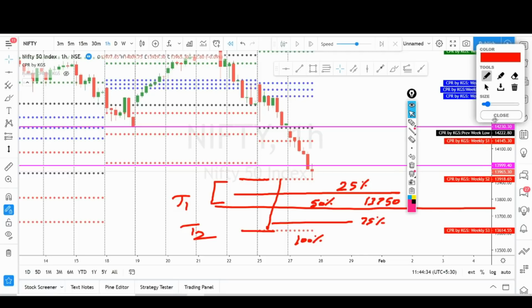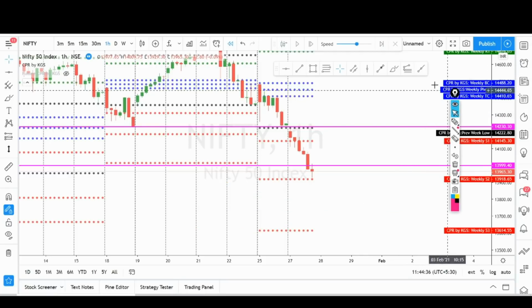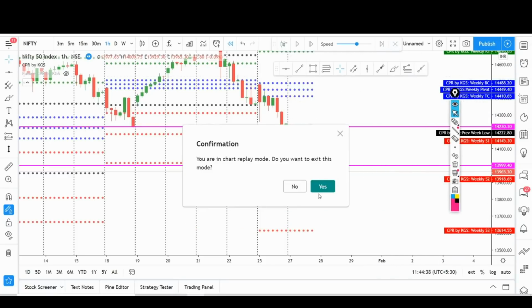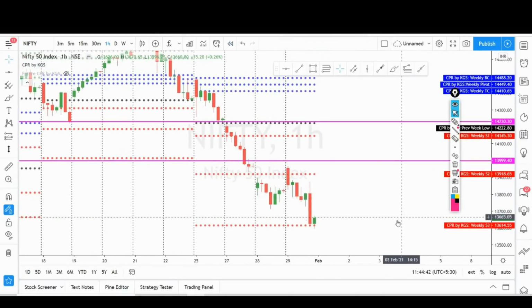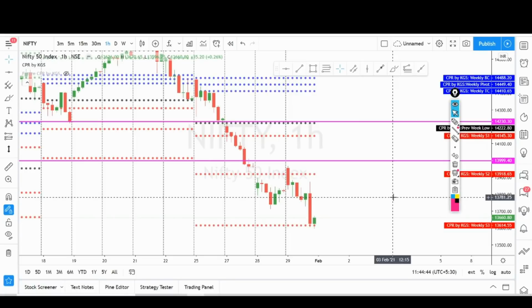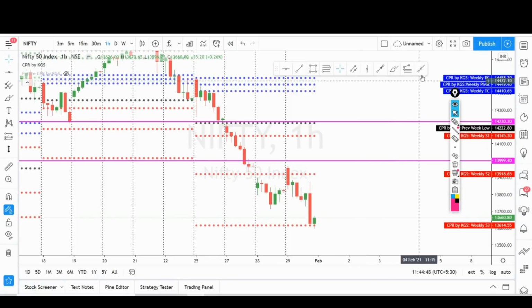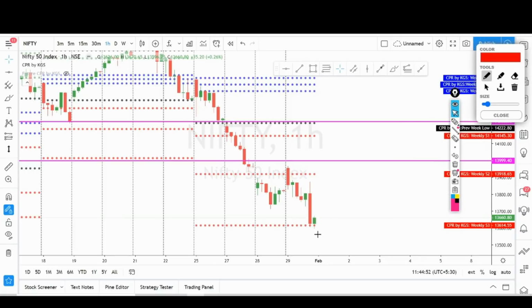So let's go back and see what happened the entire week. Okay, so the entire week, what happened? The market easily reached the target S3. See, the wonder and the magic of price action trading is the market perfectly reversed from weekly S3.